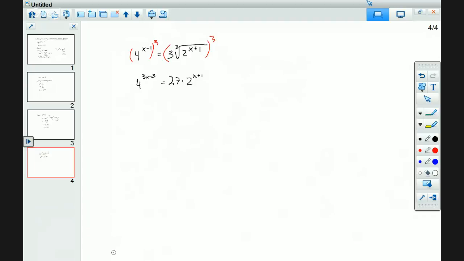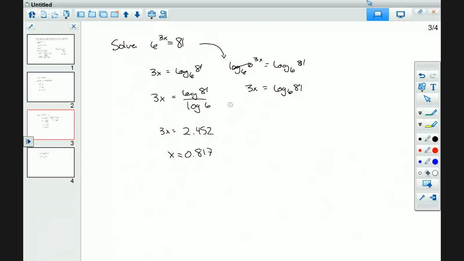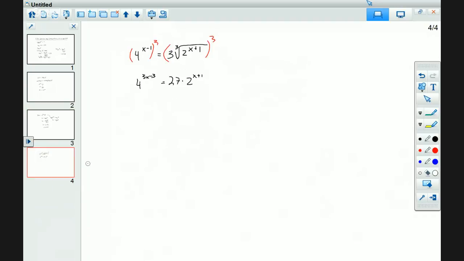Okay, now what? Now we need to solve for x. This is where that second method I showed you is going to be handy. So log base 4 of both sides.